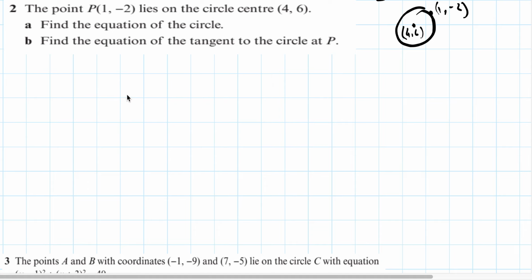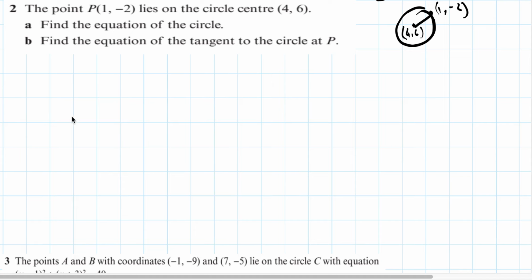The equation of a circle is (x minus a) squared plus (y minus b) squared equals the radius squared. So that means we need to find the radius here. So we will need to find the distance between the 2 points.